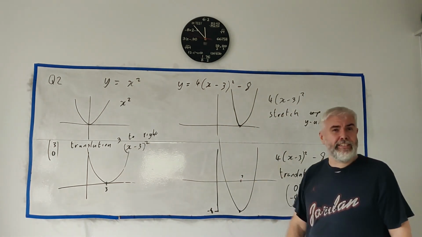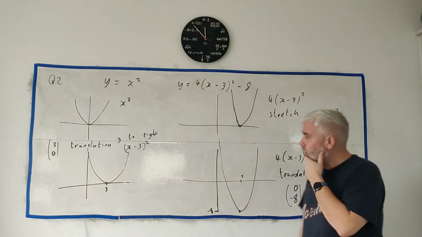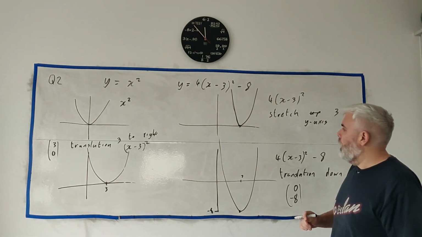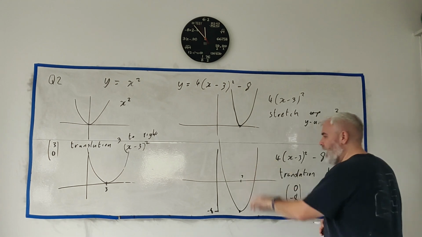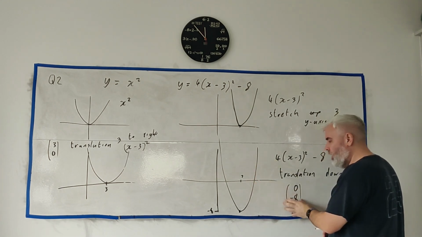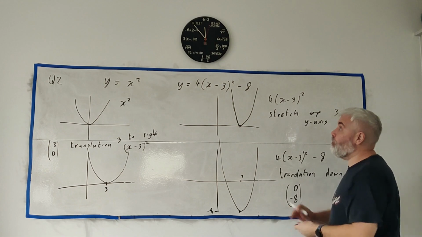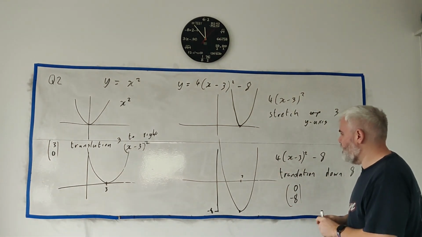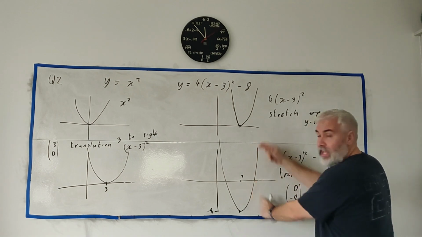You can do a few of these in different orders, but just be a little careful. For example, you don't want to move away from the y-axis before you do the multiply, because what multiply does is it multiplies away from the axis.